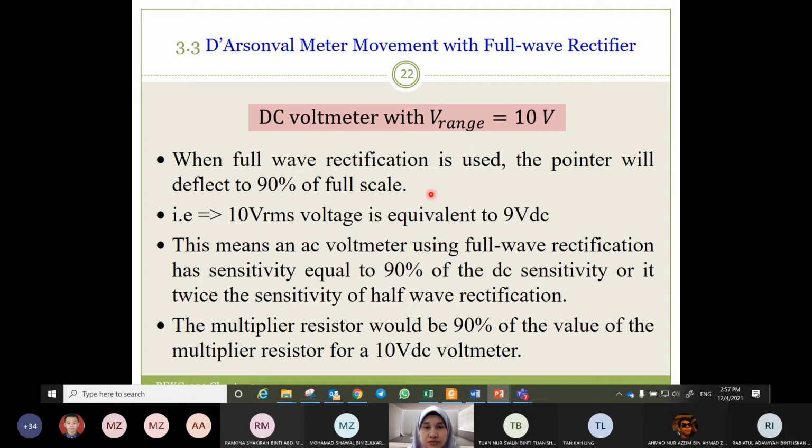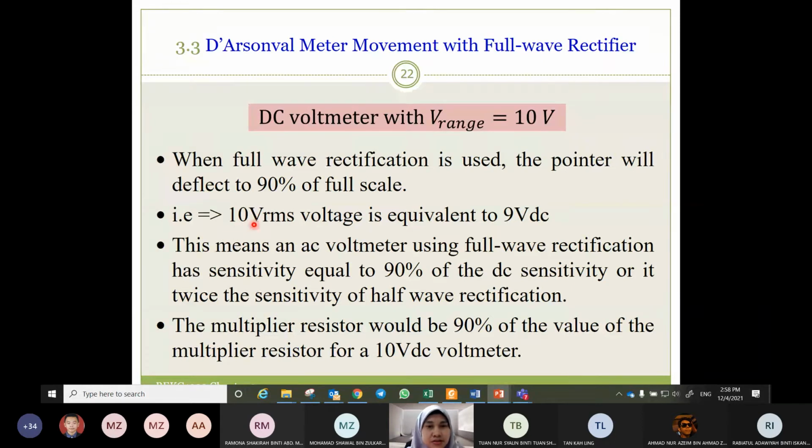It is better than half-wave. For half-wave, how many percent does the pointer deflect to? 45%. Yes, good. So for full-wave, it doubles.